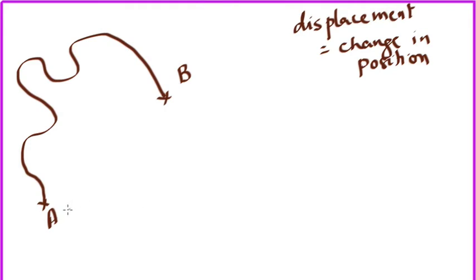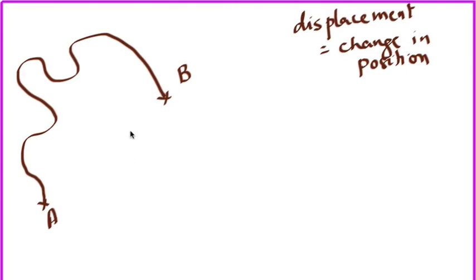The particle started at point A and arrived at point B, so the change in the position is from A to B. So when you talk about the displacement, you don't care about what happened in between or how far it traveled. You simply care about what was the net change in the position.